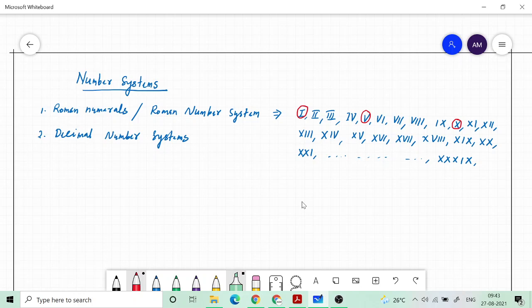So first with one symbol we have gone up to 3, so 3 numbers were possible, and then with the introduction of the second symbol we could go up to 8. So that is 1, 2, 3, 4, 5 more could be represented. And when we introduce the third symbol, obviously the number of possibilities has tremendously increased, because from 9 to 39, so that is like 19, then 29, 39.